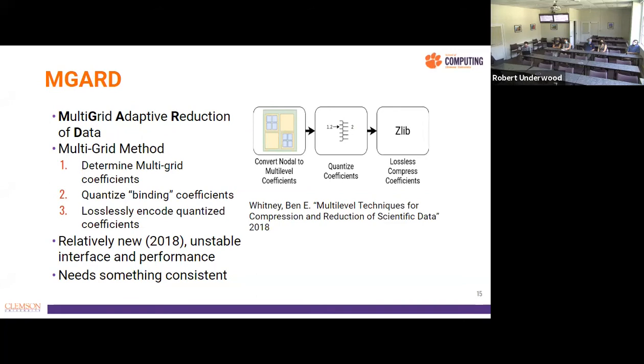And then finally, a more recent addition to the error-bounded lossy compressor competition is MGARD, which stands for Multi-Grid Adaptation Reduction of Data. It operates off so-called multi-grid methods, which operate by performing so-called coarsenings of the data. So what's a coarsening? Basically, instead of looking at the data as a whole, you divide the data into regions which share certain characteristics.